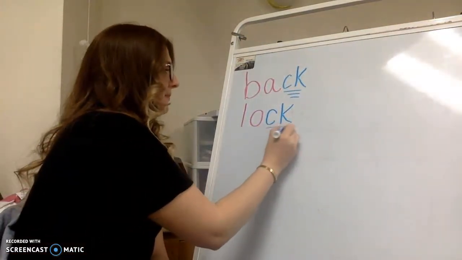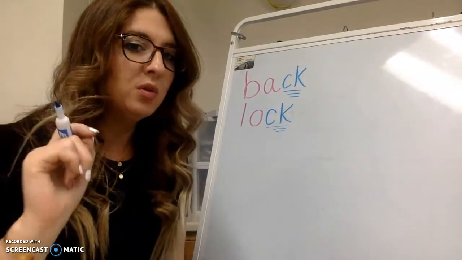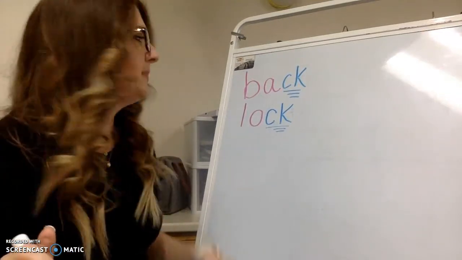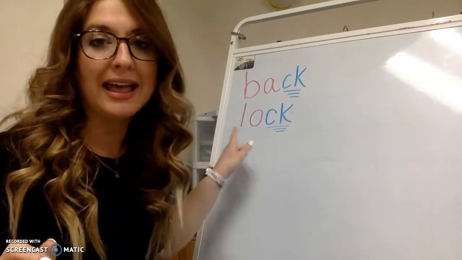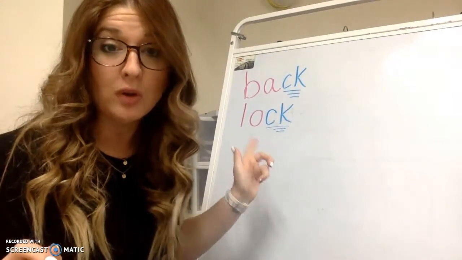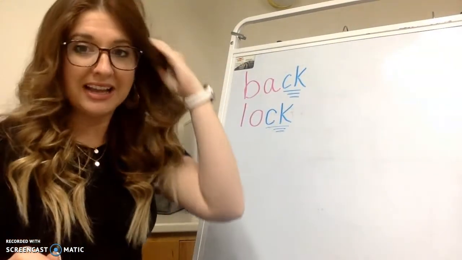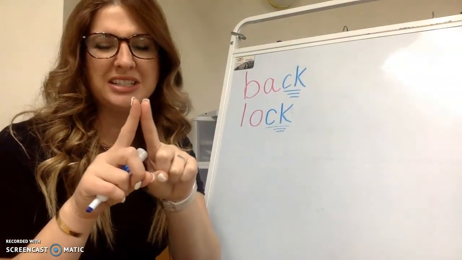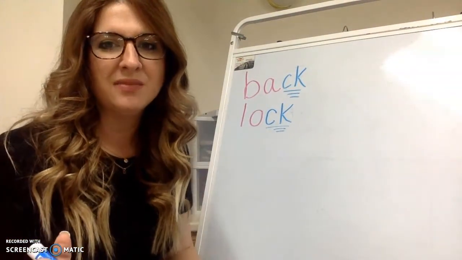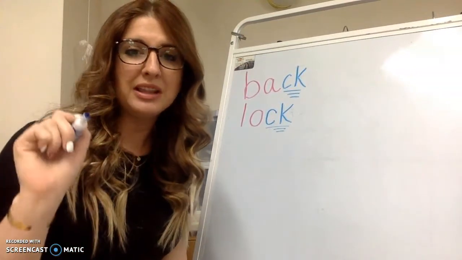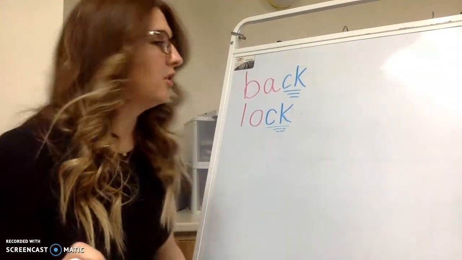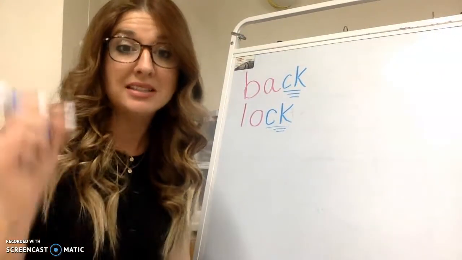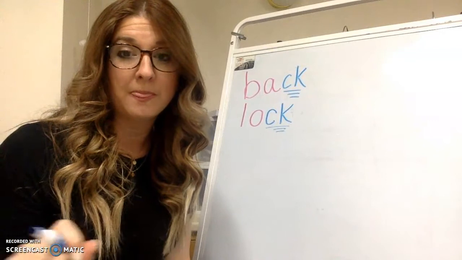And you know what? If you're spelling words like you hear them, you might have spelled it L-O-C or L-O-K. But with digraphs, when two letters put together make one sound, we have to really practice writing and reading these words so that it becomes something we just know.